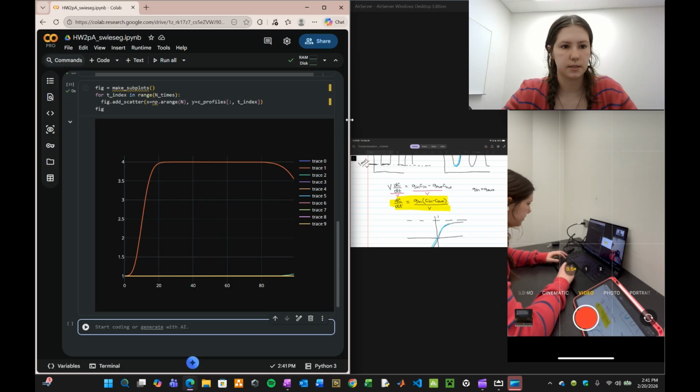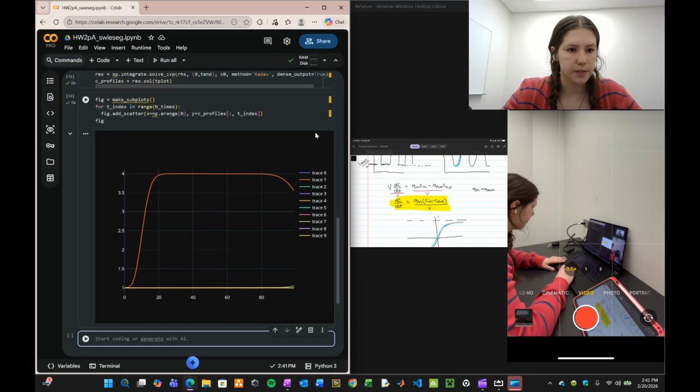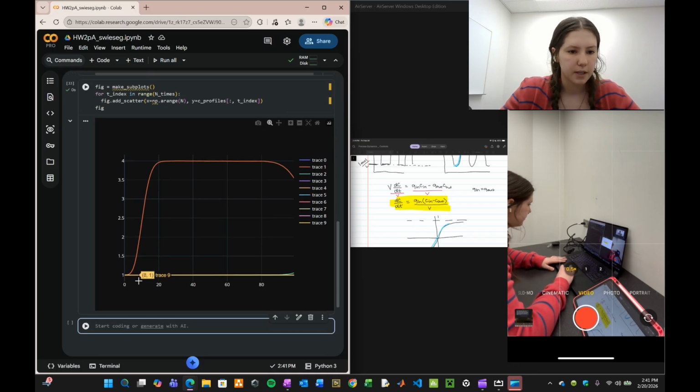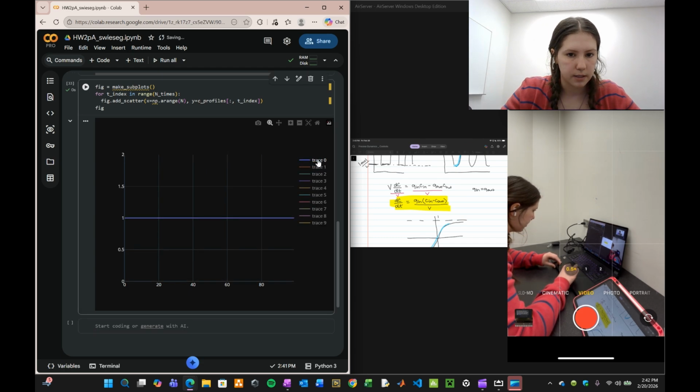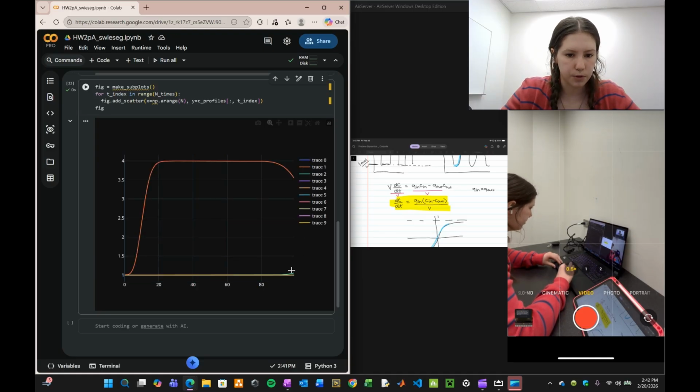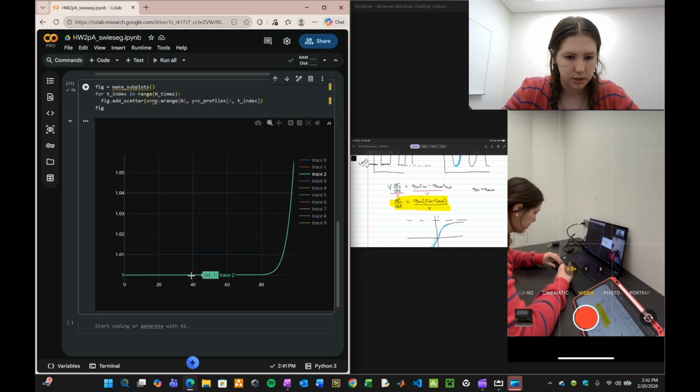All right. So as we can see here, the first increase in concentration goes from 1 to 4, and then it starts to decrease over here. And let's see if we can isolate trace 1 and then trace 2. You can see down here, it's when it starts to increase.